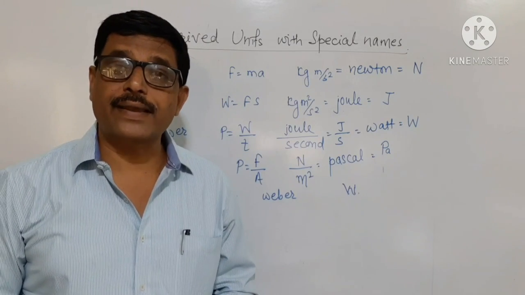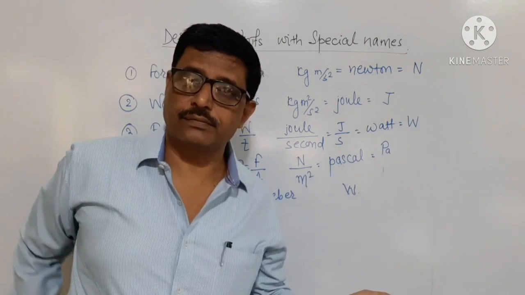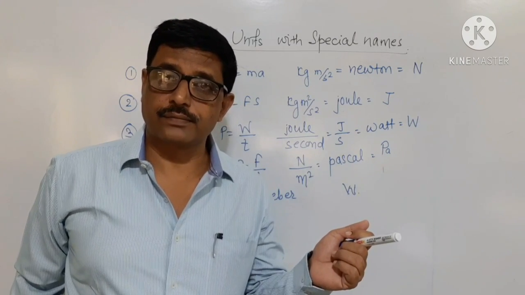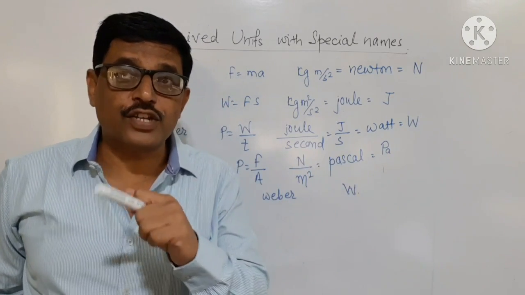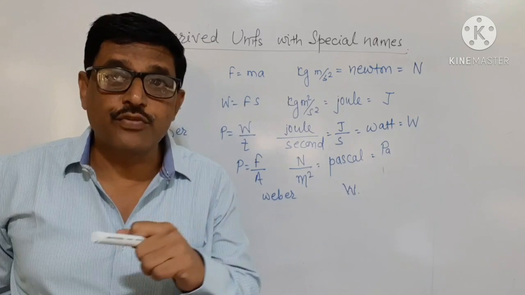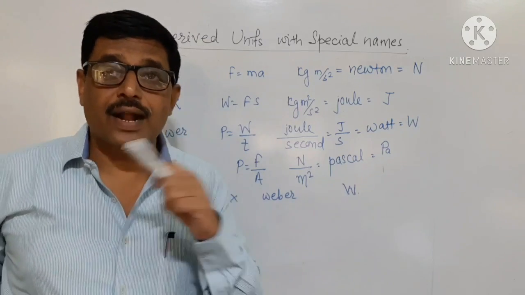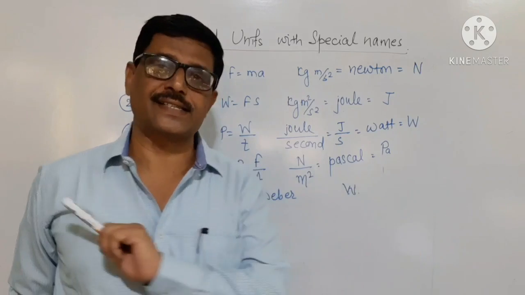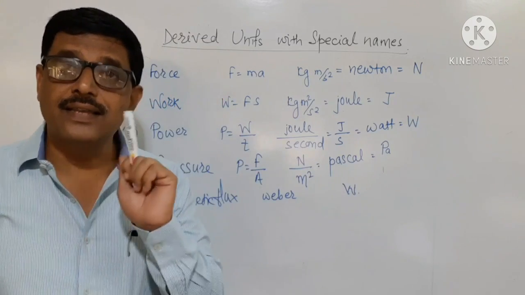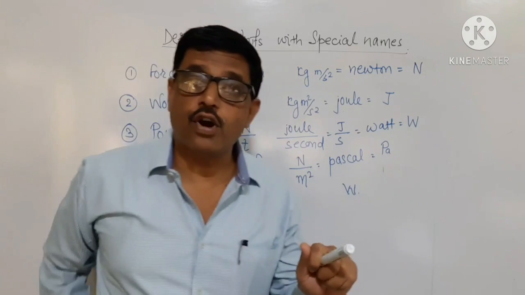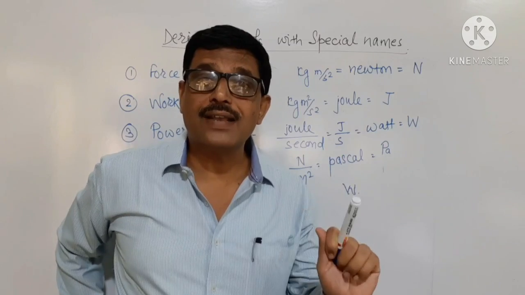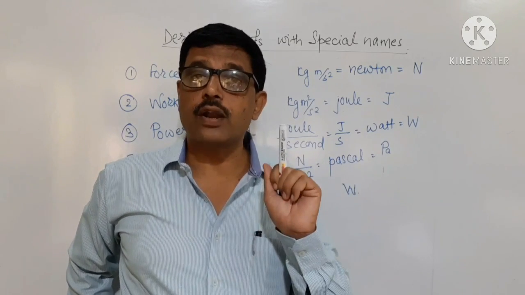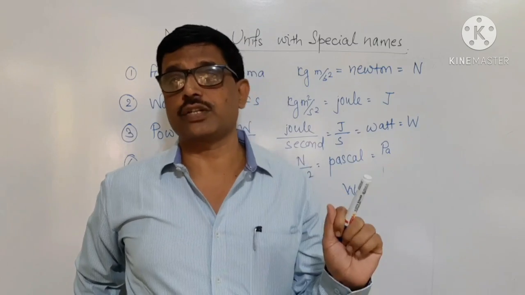And magnetic induction. Magnetic induction, that is magnetic flux per unit area, is Weber per meter square, and Weber per meter square is equal to the Tesla. Tesla is a special name for magnetic flux density. It is a special unit for magnetic induction.